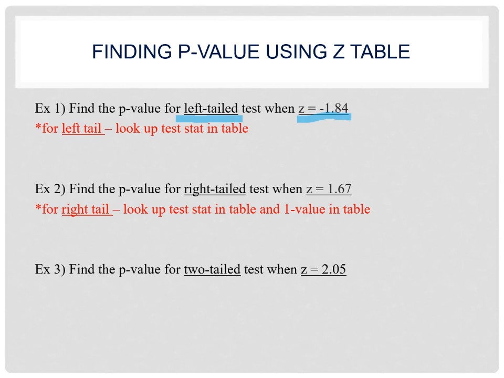Now for right tail tests, if you want to look up a p-value for a right tail test, that's no different than what you were doing before. Again, when you had areas that were shaded on the right, you would look up the value, but you would remember to do 1 minus. So grab your table and look up 1.67.